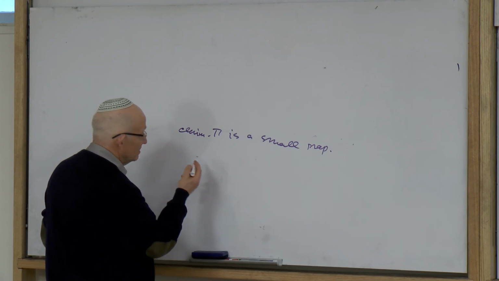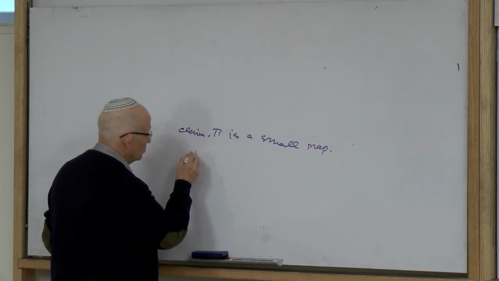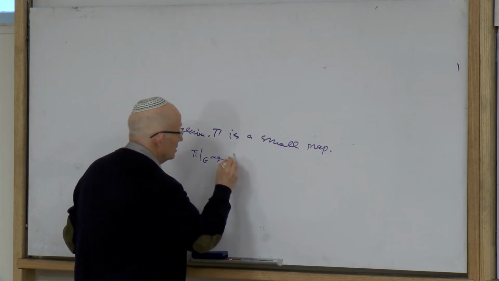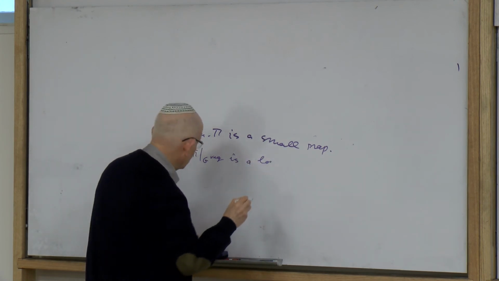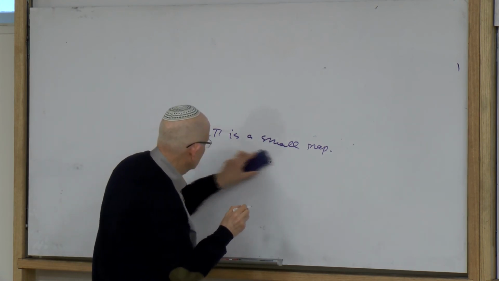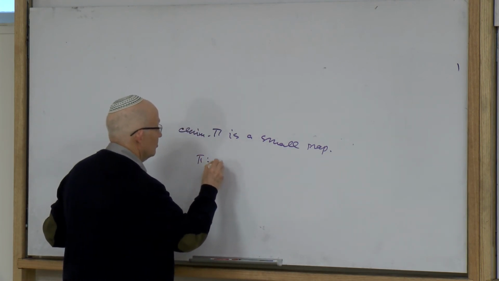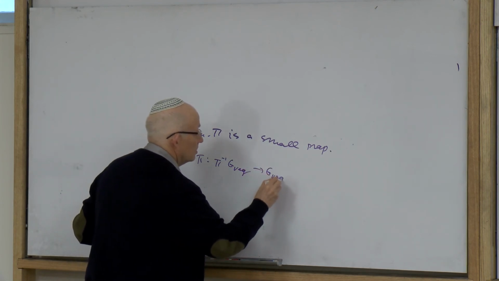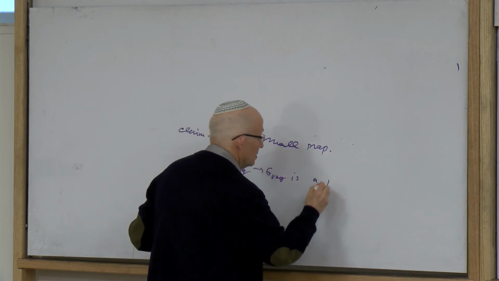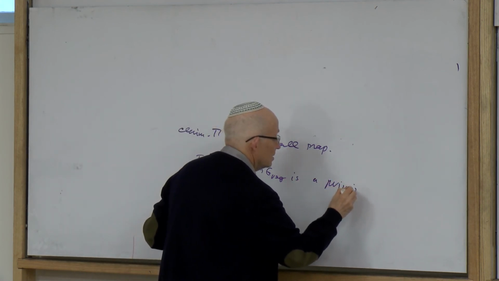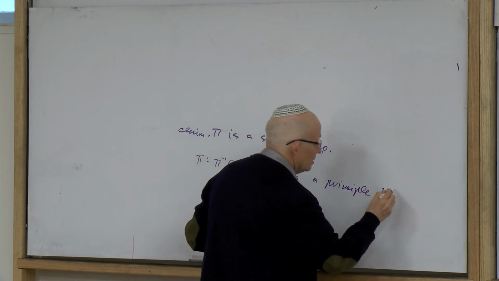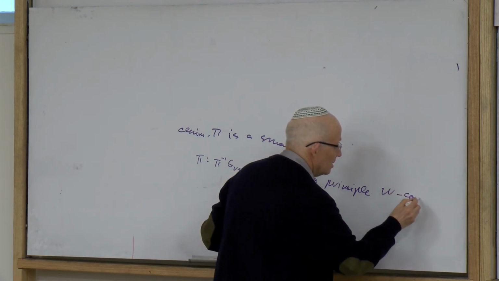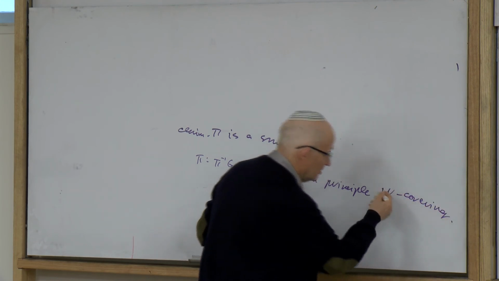Now I claim that this implies that pi restricted to G regular, that is, pi from pi minus 1 of G regular to G regular, is a principal W bundle, a covering. W is the Weyl group.